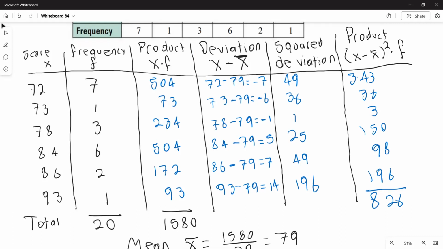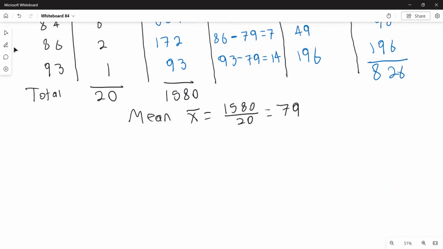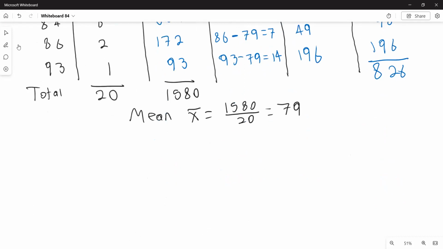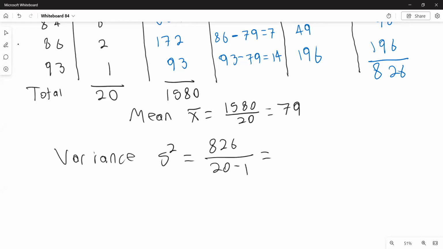Okay, the variance. So now that we know the sum of square deviations, the variance, if we have 20 data values, is the sum of square deviations over the total number of data values minus 1, and the standard deviation is the square root of that.